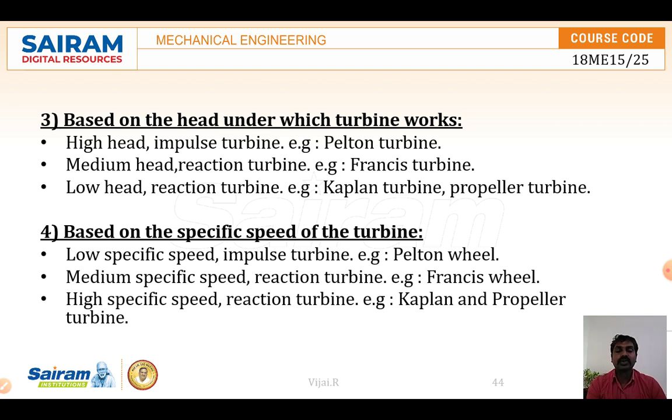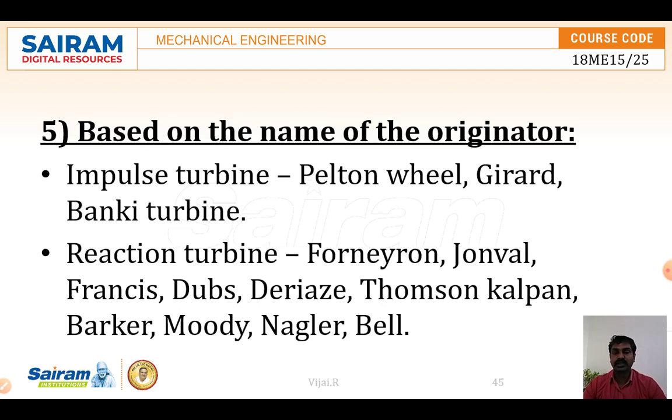So the three important turbines we are going to see are the Pelton turbine, Francis, and Kaplan turbine. The Pelton turbine is impulse based, the Francis turbine is a medium head reaction turbine, and the Kaplan turbine is a low head reaction turbine. So these are the classifications. Another one is based on the name of the originator, who invented the turbine.